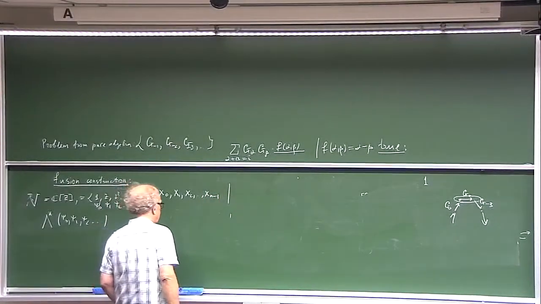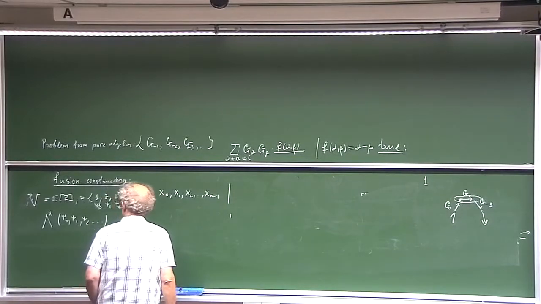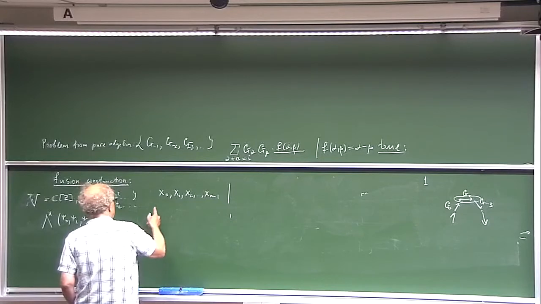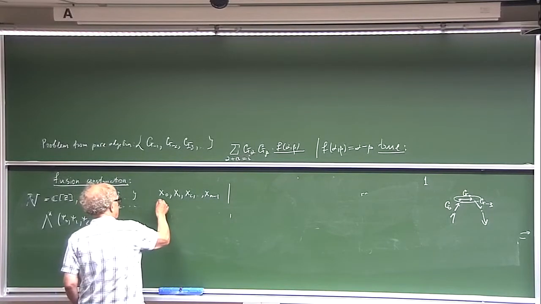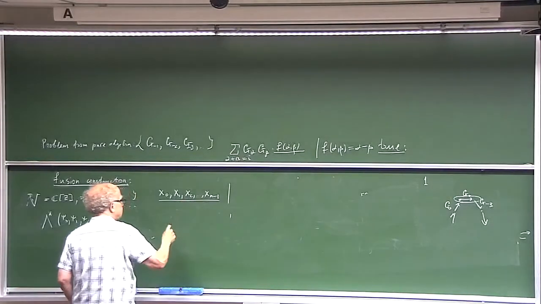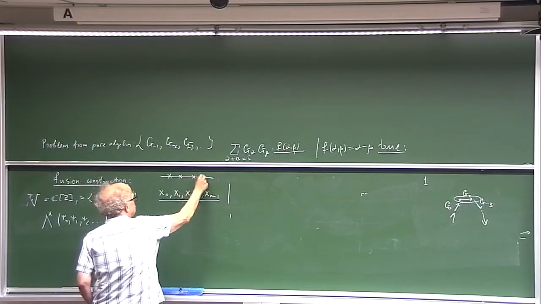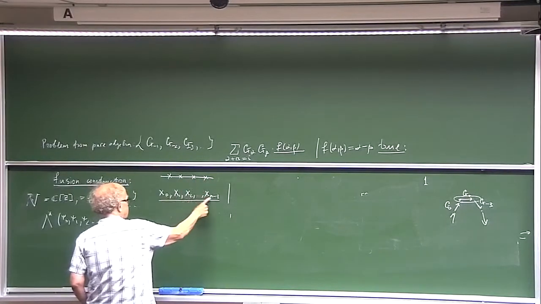They will be some different numbers, and then I take x0, x1, x2, xn. This is the configuration space, configuration of points of a line. Let me fix them.